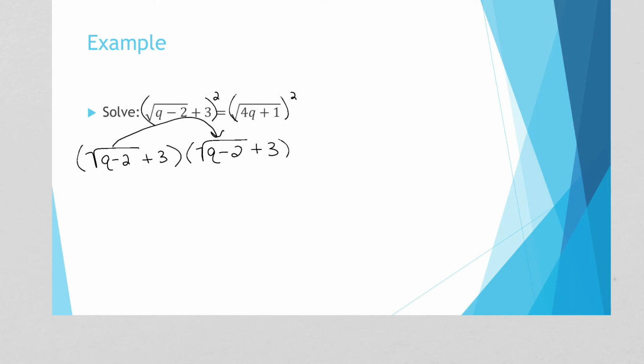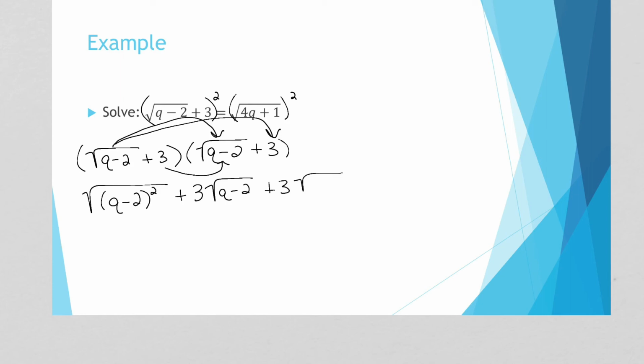I am left with square root of q minus 2 to the second power. Okay? Now this times this, I have plus 3 square roots of q minus 2. Right here I have plus 3 times the square root of q minus 2, and then 3 times 3 is 9.